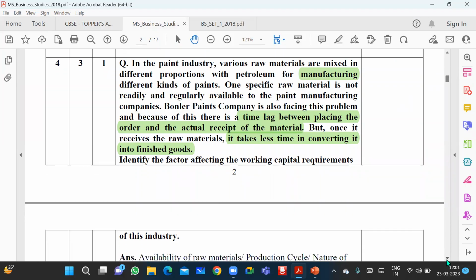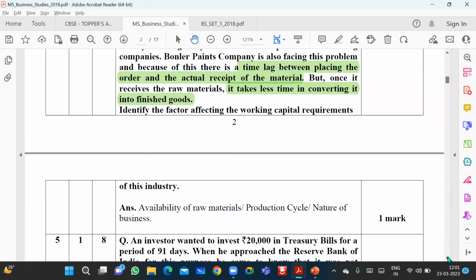Here you can see one key point is manufacturing. So the factor affecting working capital may be the type of business or nature of business. Then you find the keyword time lag between the placing of order and the actual receipt of the raw material.